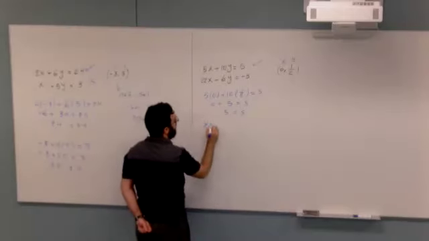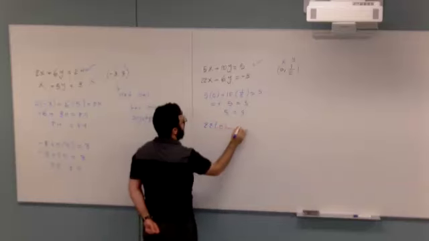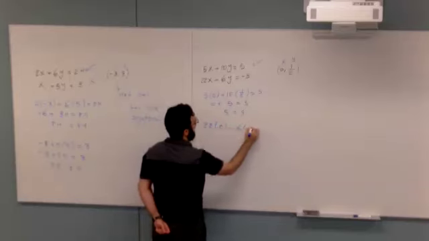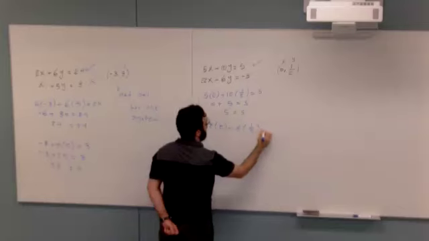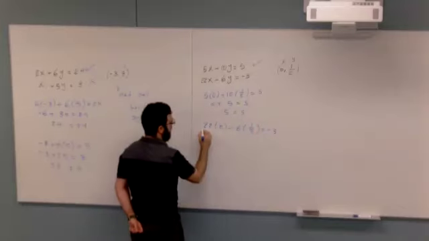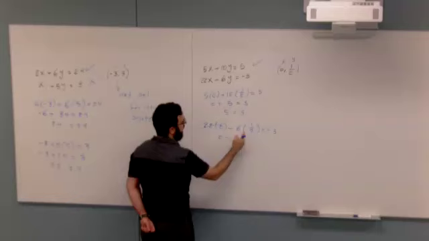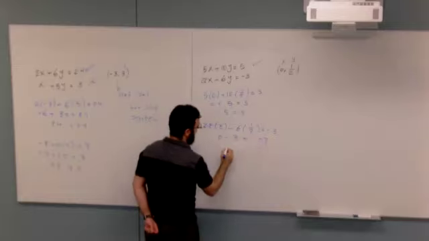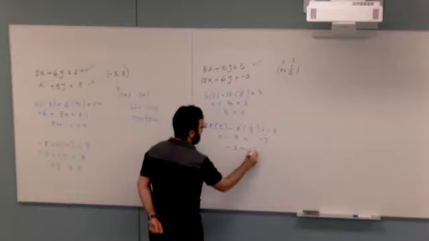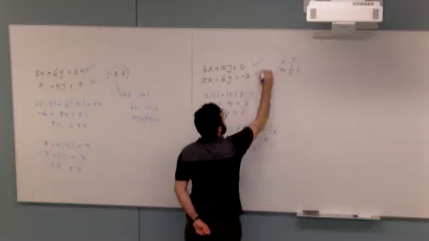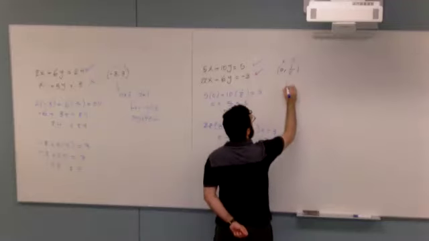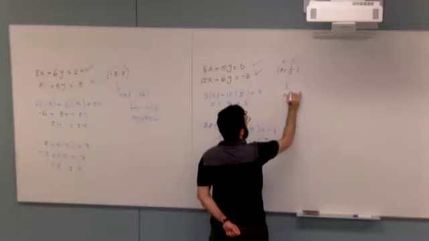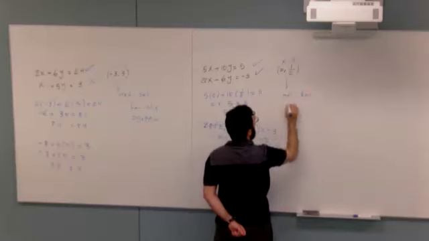It's going to be 2 times 0 minus 6 times half. Is that equal to -3? This is 0. 6 times half is 3. Is that equal to -3? Yes, -3 equals -3. The second one is satisfied. In this case, this one is a solution for the system.